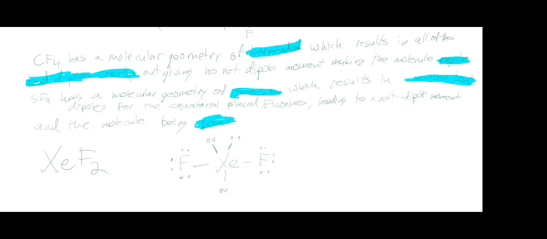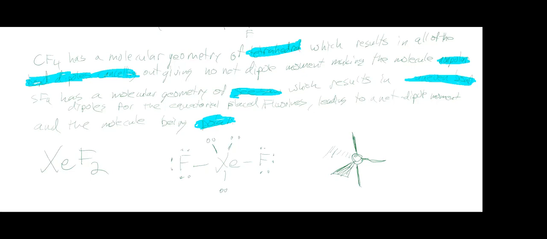So let's look at this, right? So what is its electron geometry? Trigonal bipyramidal. So once again, we have our center here. We have our two axial positions, and then we have our equatorial positions here. So all of these lone pairs, where are they going? Are they going on the axis or are they going at the equator?